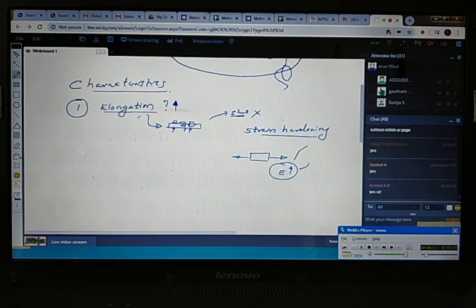We learned that in metallurgy and material science. In the same way, we can improve elongation by proper heat treatment. By the annealing process, we can also attain elongation in a better way. Is it clear to all?